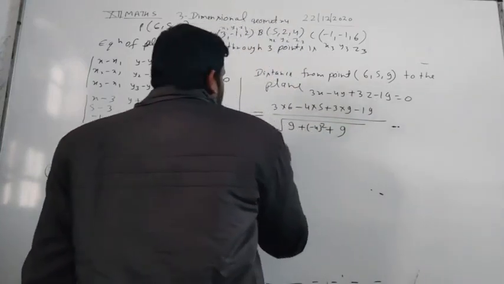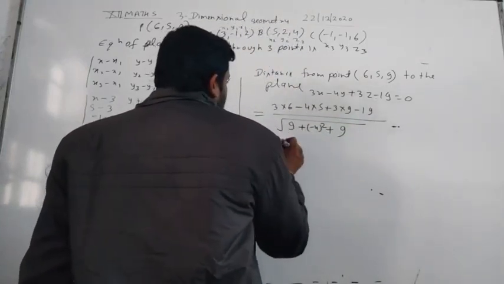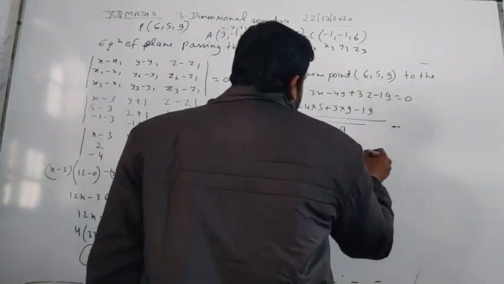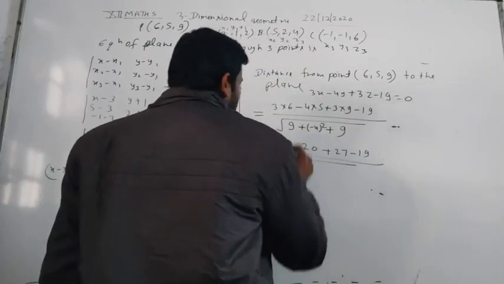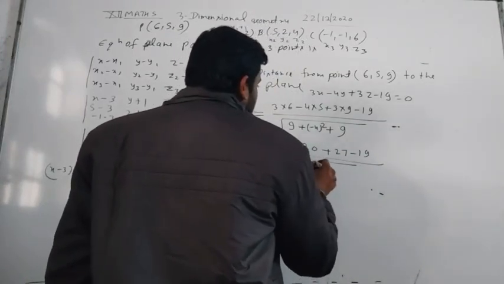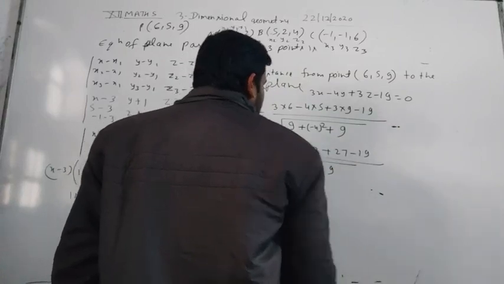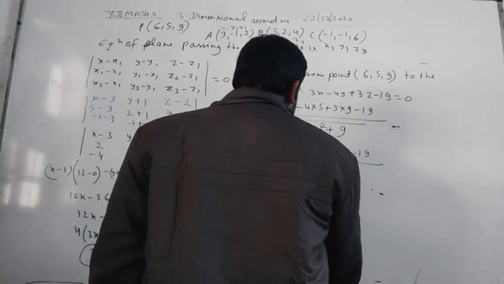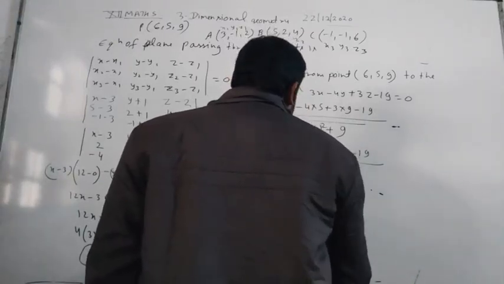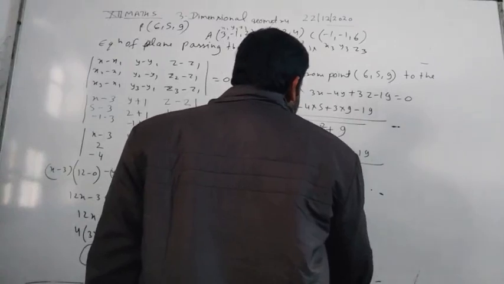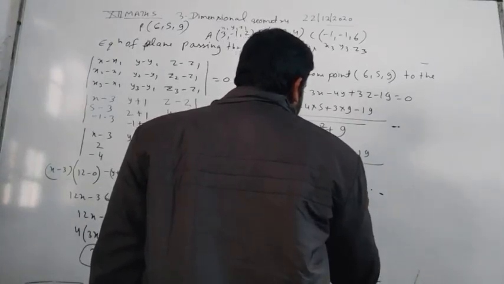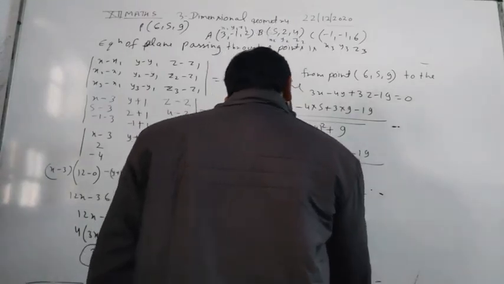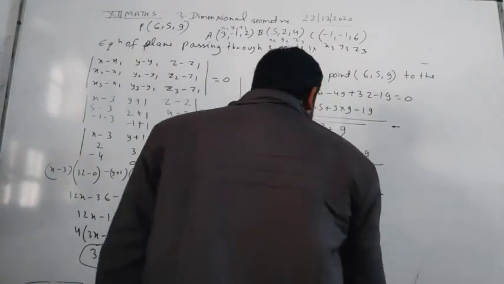Okay, now we will solve it and get 18 minus 20 plus 27 minus 19, divided by the square root of 9 plus 16 plus 9, which is what? The numerator is 6, and the denominator is the square root of 34.